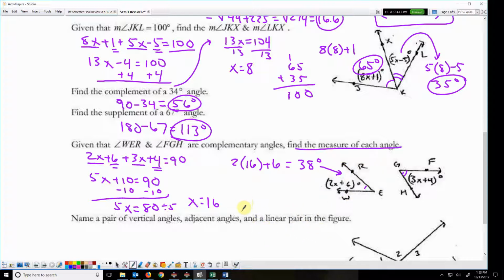And for angle FGH, 3 times 16 plus 4, so that's 48 plus 4, which is 52 degrees for angle FGH. Now when I add those two together, I get 10, and then 3 plus 5 plus 1 is 9, so they add up to 90 degrees. So I know these two angle measures are correct.